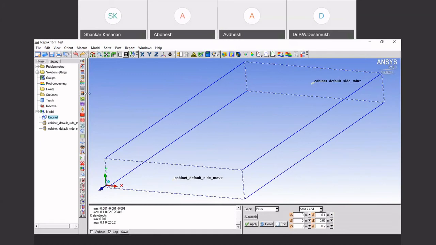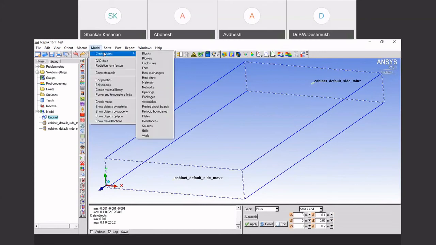Then I can create sources, meaning heat sources. Then you can create a printed circuit board as well. You can put a fan, and if I add a fan, I have to specify what the fan curve looks like. You can create heat sinks. So there are a number of options here.